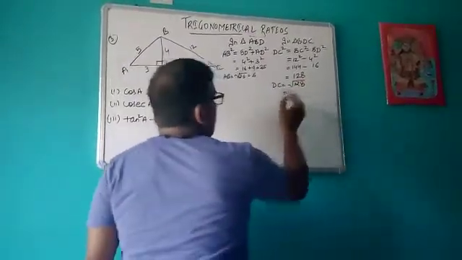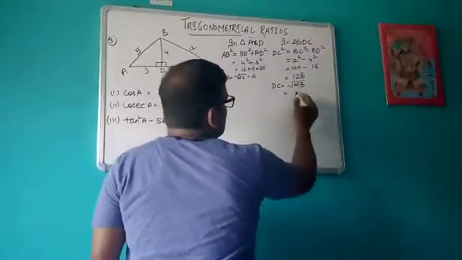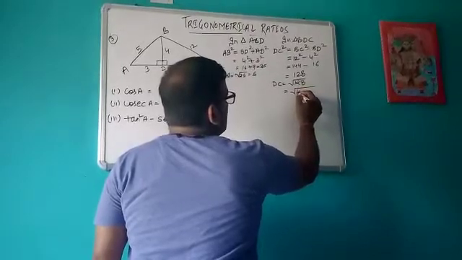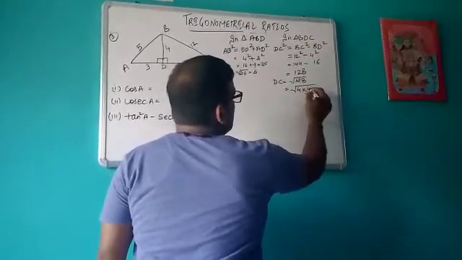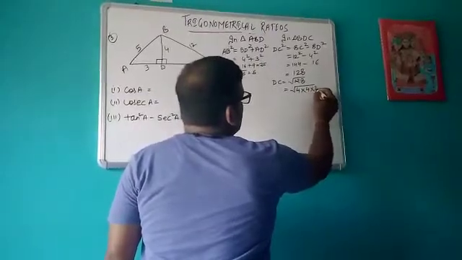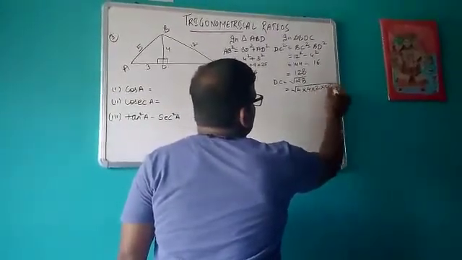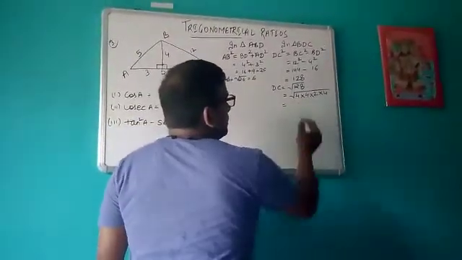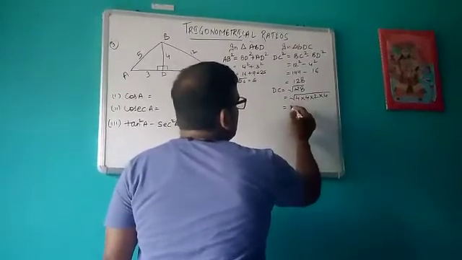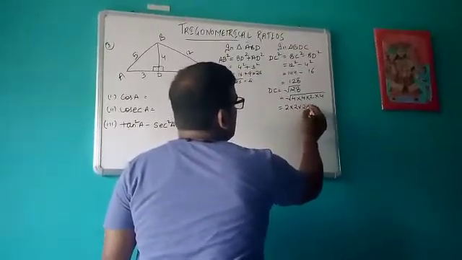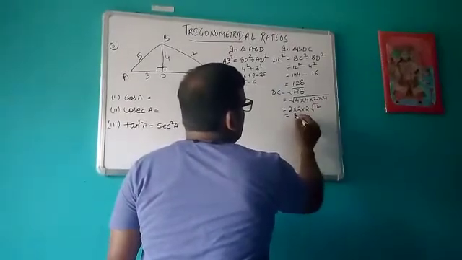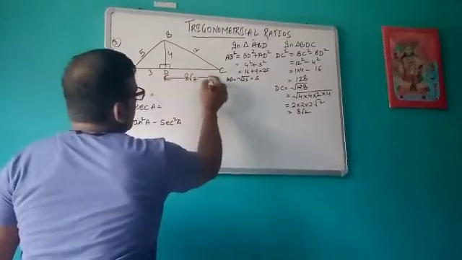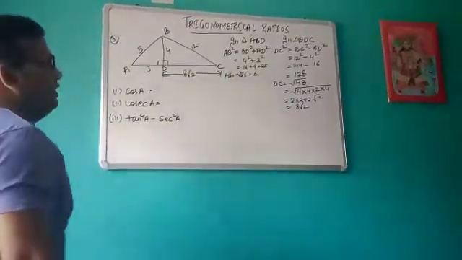Let's solve it a little bit: it will become 2 into 2 into 2 root 2, that is 8 root 2. So your DC will be 8 root 2.